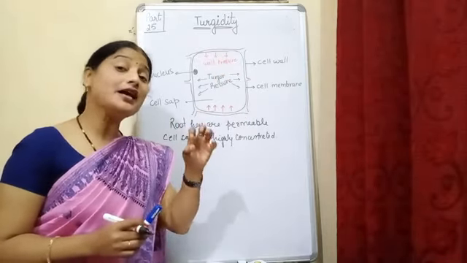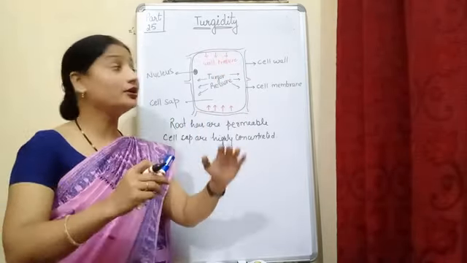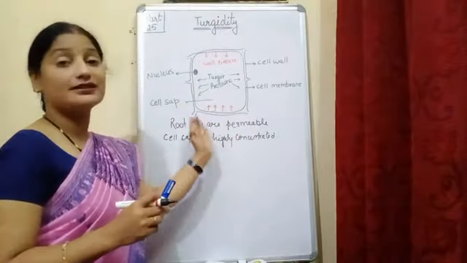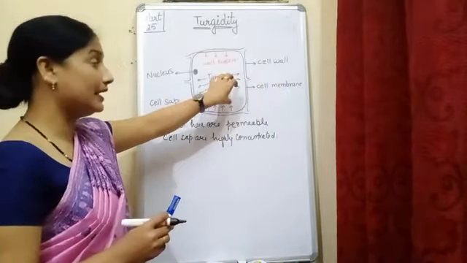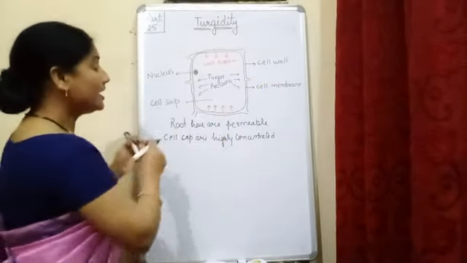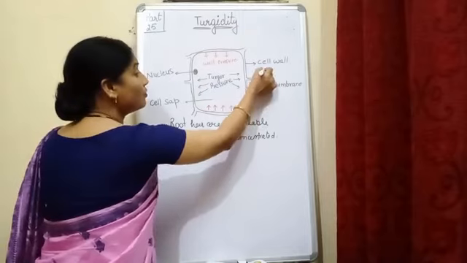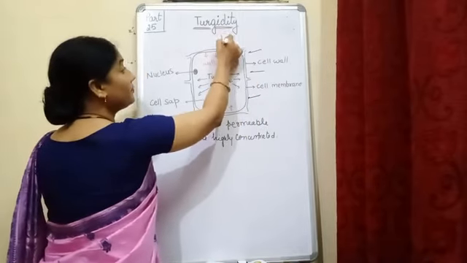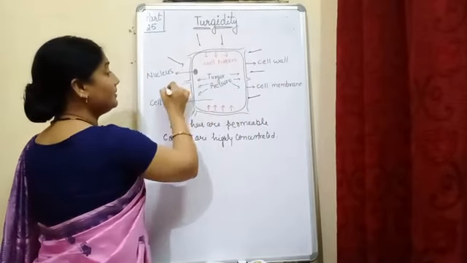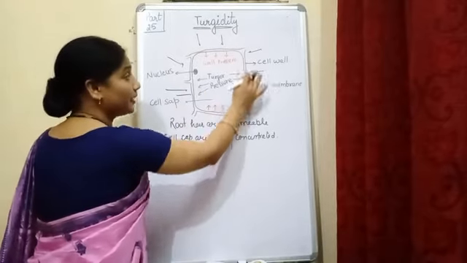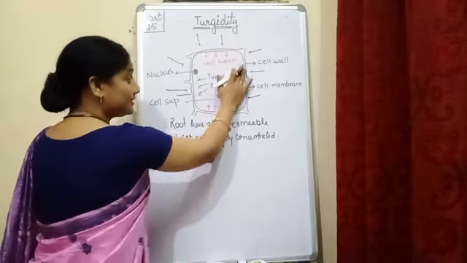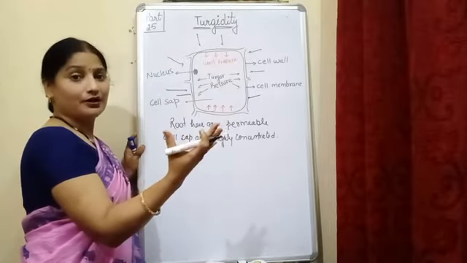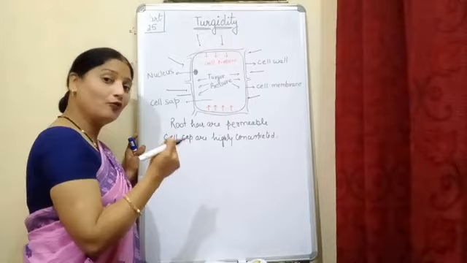Because of its high concentration, the water present outside in the soil will move in. And if the water moves in because of the permeability of the cell wall, then the cell will swell up because the cell will absorb water.